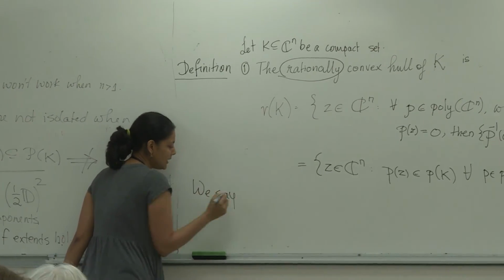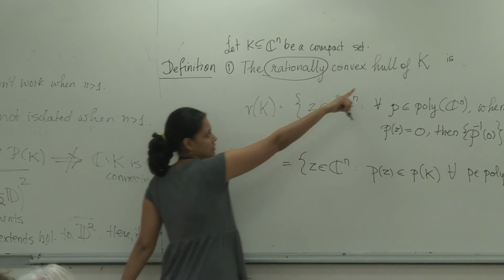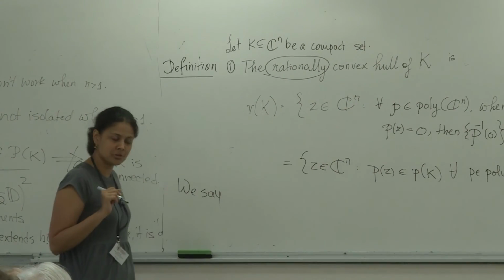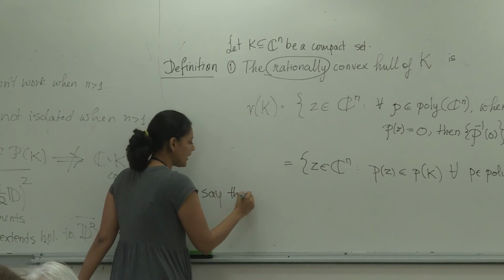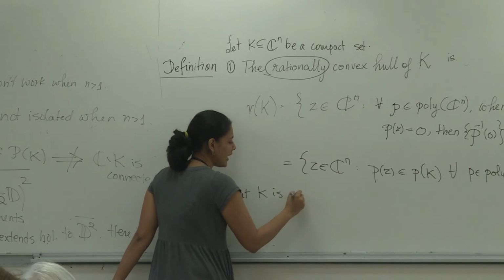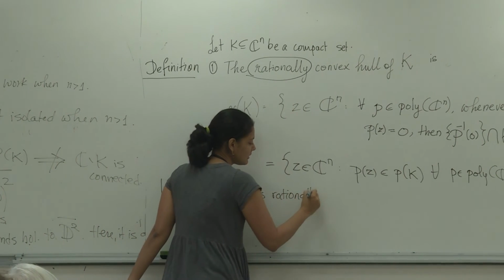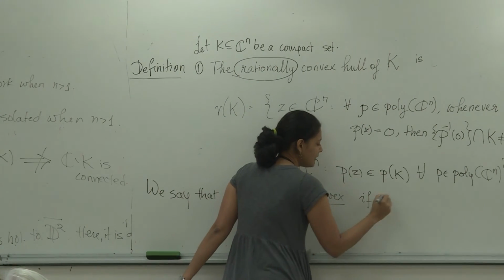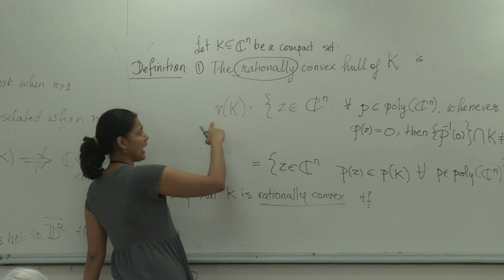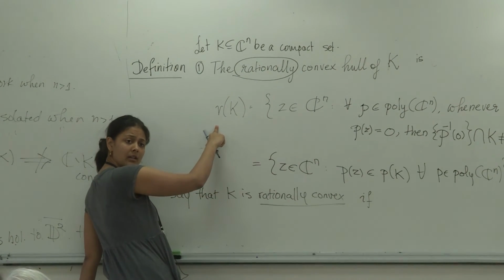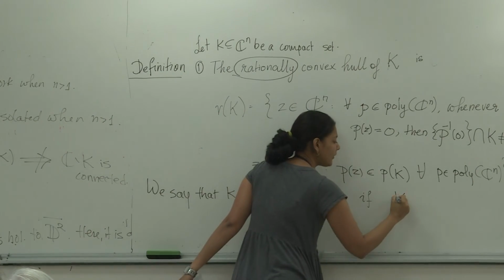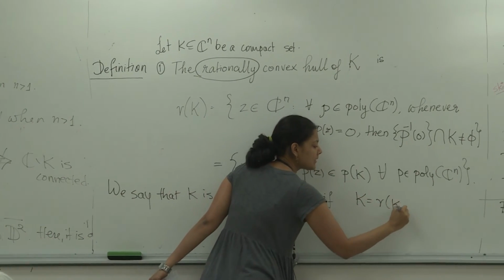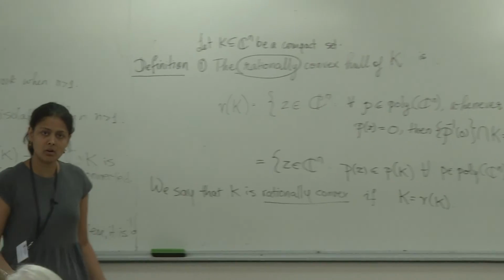But more importantly, whenever there is some notion of hull, there is of course a corresponding notion of convexity. We say that K is rationally convex if, it's clear that capital K is always inside the hull, but if you get nothing more, then we say that the set is rationally convex.